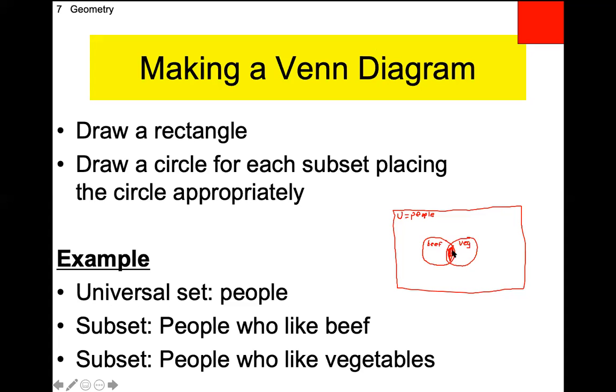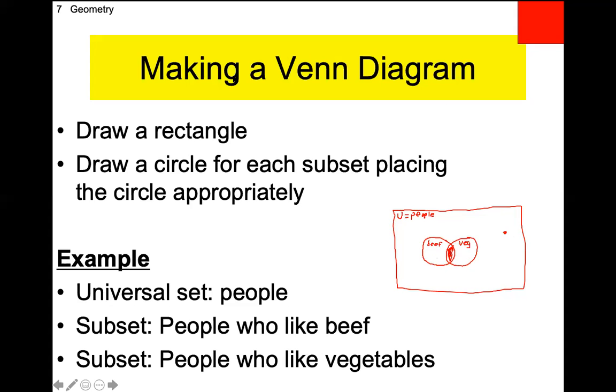So anything that inhabits right here, I would live right here, likes both vegetables and beef. Anyone who sits outside here would be? The ones that don't like beef or vegetables. And anyone, where did my mouse go? My mouse has been disappearing on me all by itself. There we go.